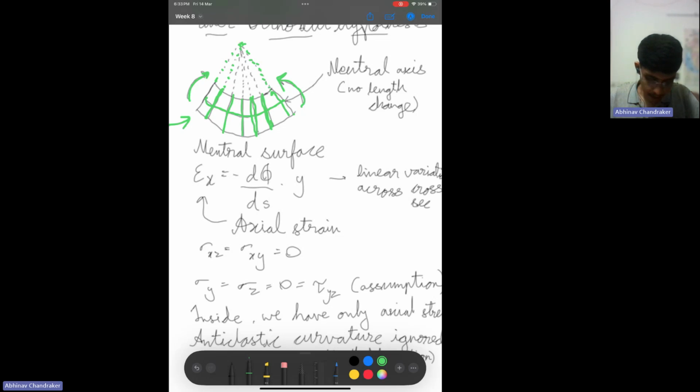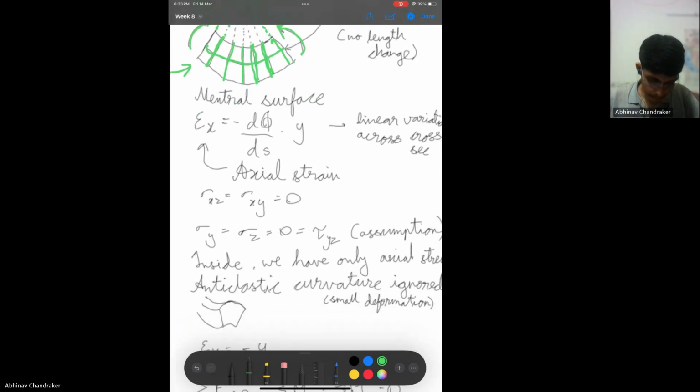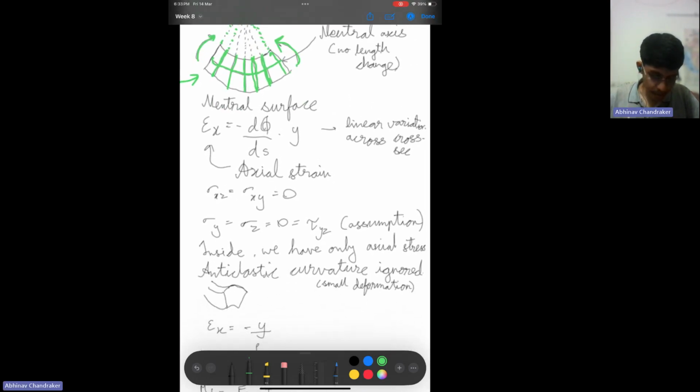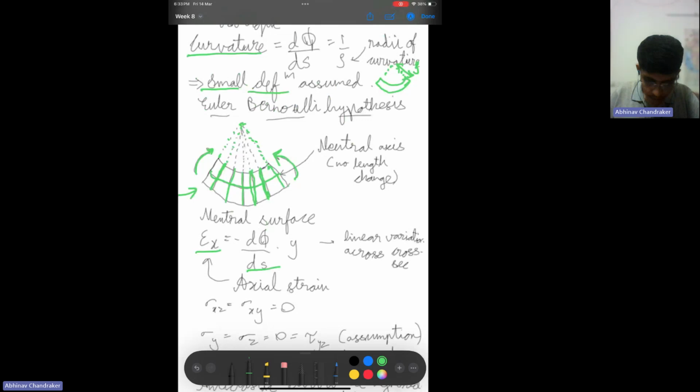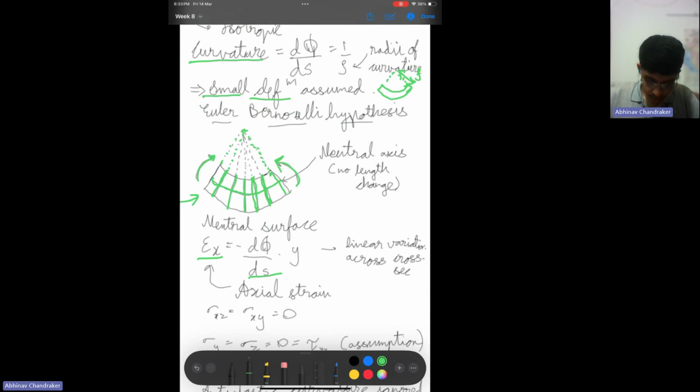And we can look at what the axial strain is at any height y. It is given by epsilon x equal to minus dou phi by dou s, the curvature value, into y, the height at which we are looking at the axial strain.